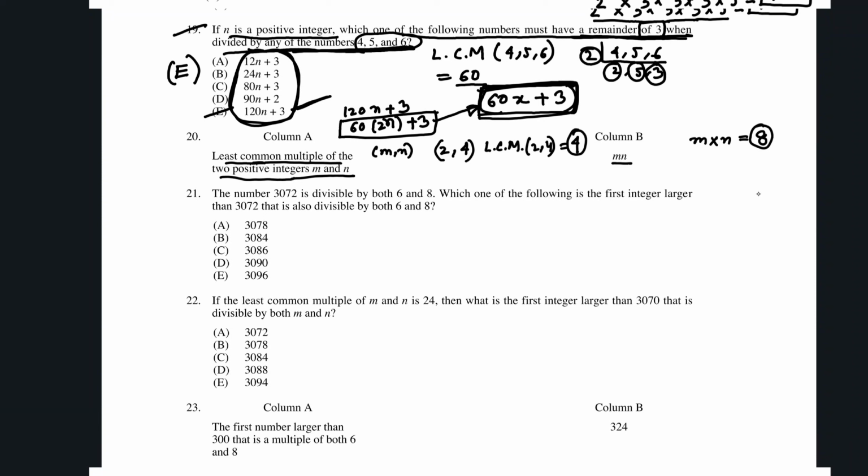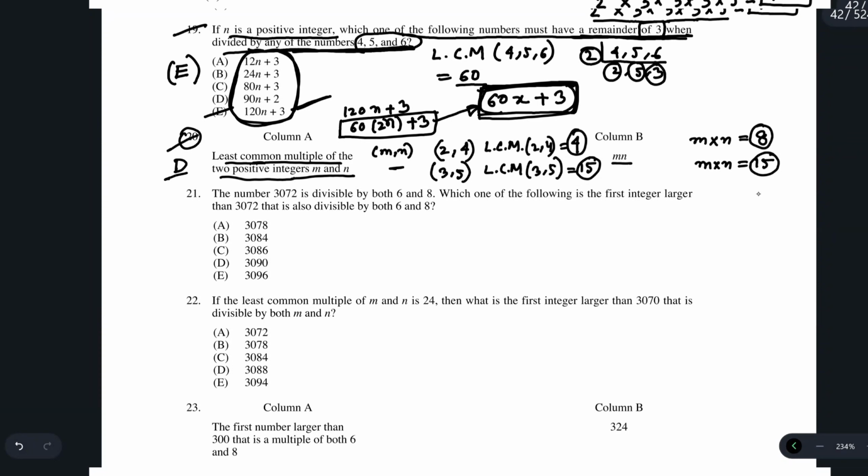But now if we take m and n in such a way that one value is not divisible by the other, like 3 and 5, the LCM of 3 and 5 is 15, and m times n, the value of column B, is also 15. So for this example, column A and column B have the same value. We see different scenarios for different values, so we cannot really decide. So the answer for the question would be D.